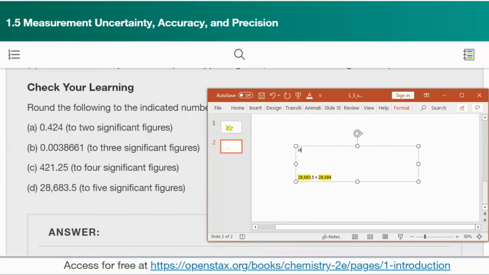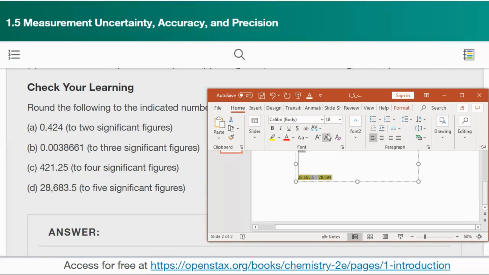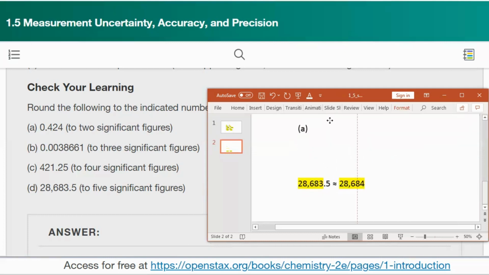So just to be a little bit clearer, we're on question A. And let me increase the font. So question A, we have the original number 0.424, and we round to 2 significant digits.